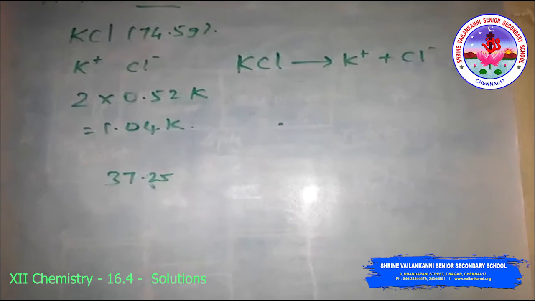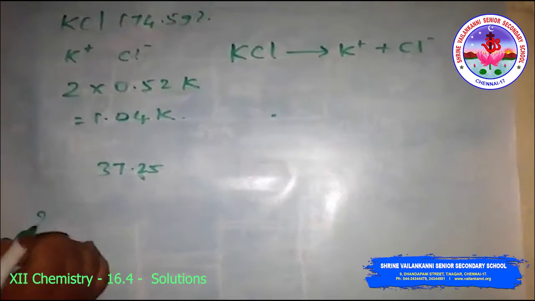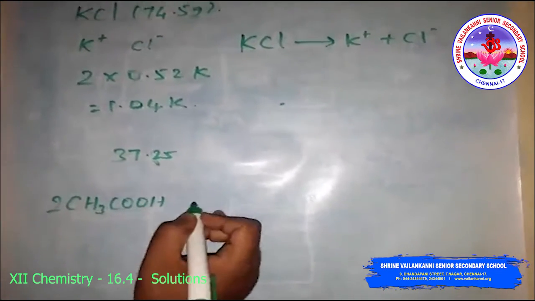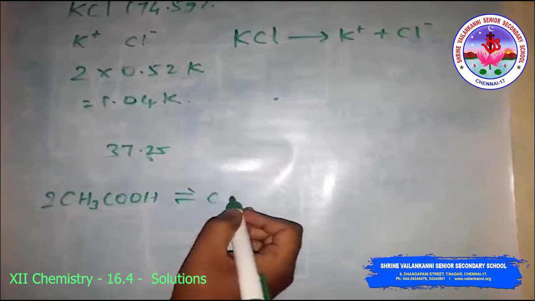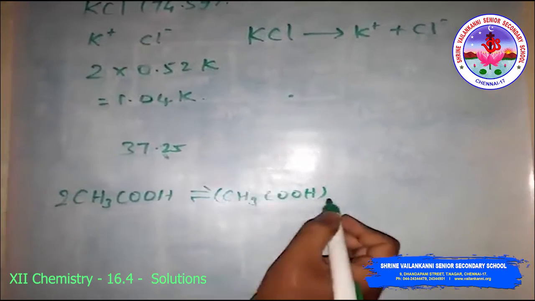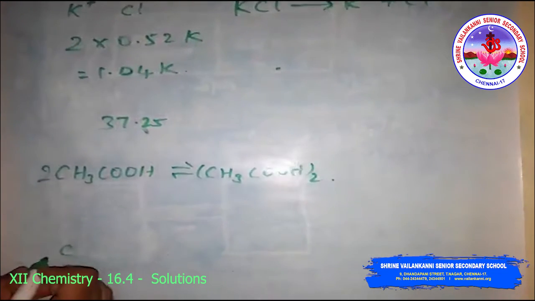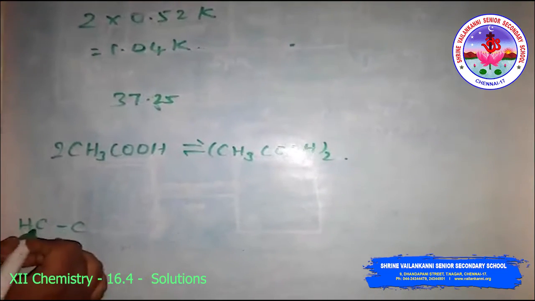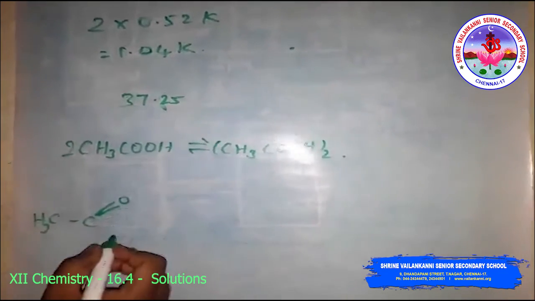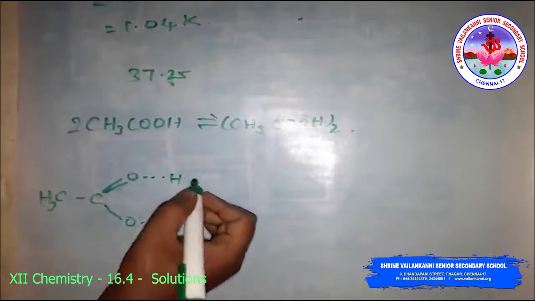Molecules of acetic acid dimerize due to hydrogen bonding. For example, the acetic acid molecule CH3COOH, its dimer form is (CH3COOH) twice. We can write the dimer form with intermolecular hydrogen bonding like this: CH3, C double bond O, here O-H.